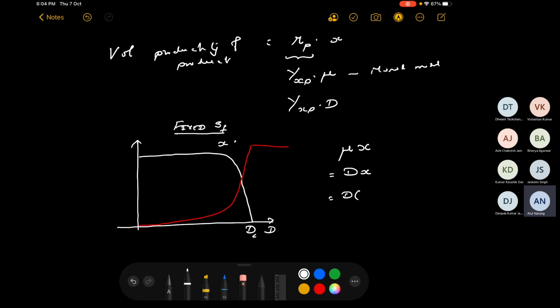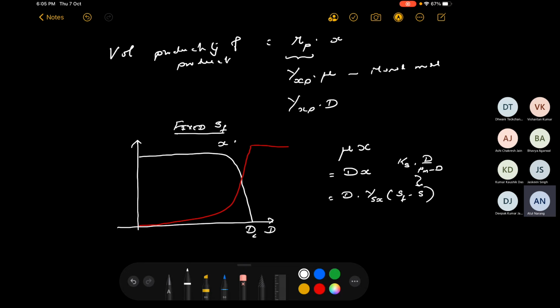So this is D times Y_SX times (SF minus S), where S is known to be a function of D of the form D over (mu m minus D). So essentially, you get a function of D, you differentiate it, and you find out.